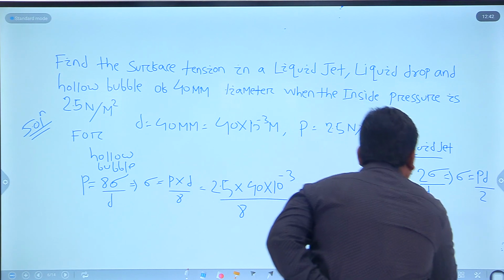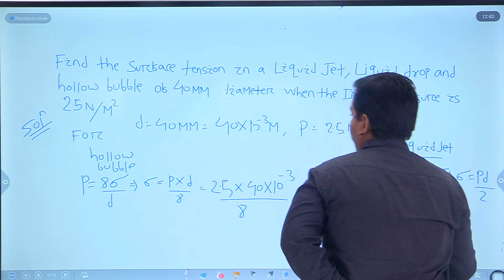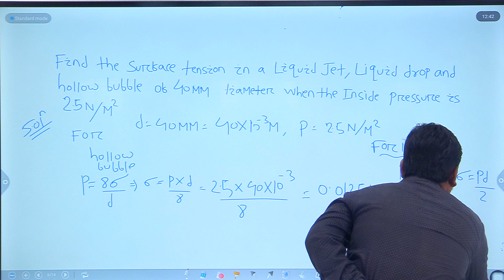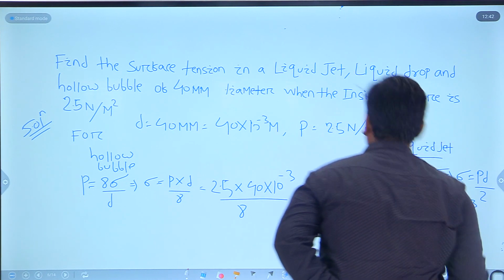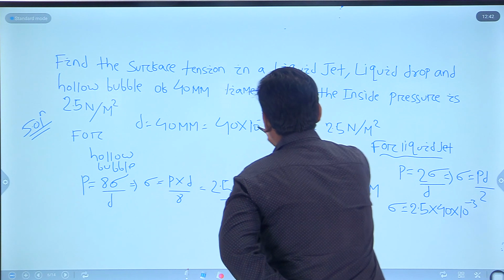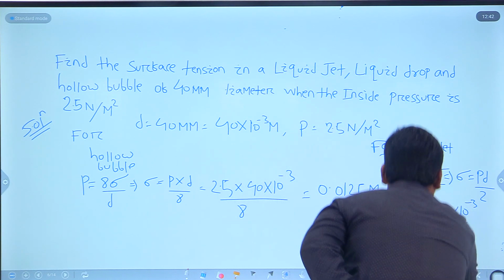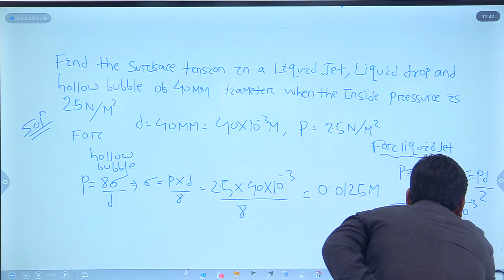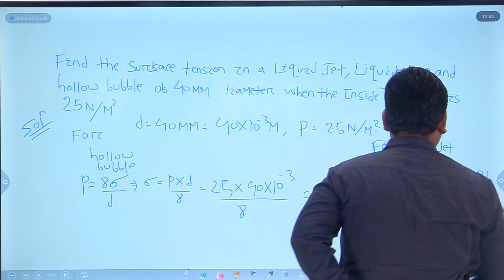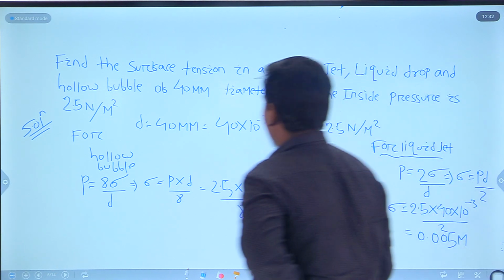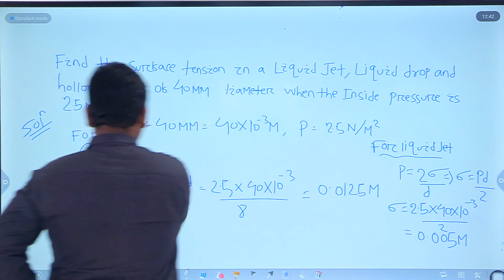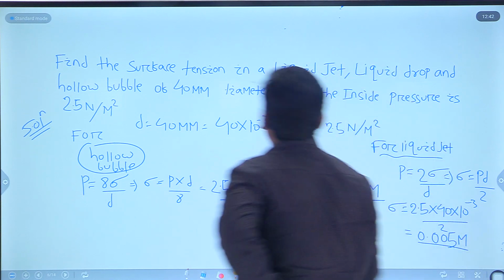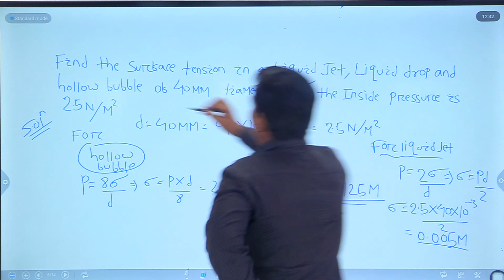Sigma is equal to P, 2.5, d, 40 into 10 to the power minus 3, divided by 2. The value will be, when we calculate, 0.005 meter. So that is the surface tension for hollow bubble and for liquid jet.